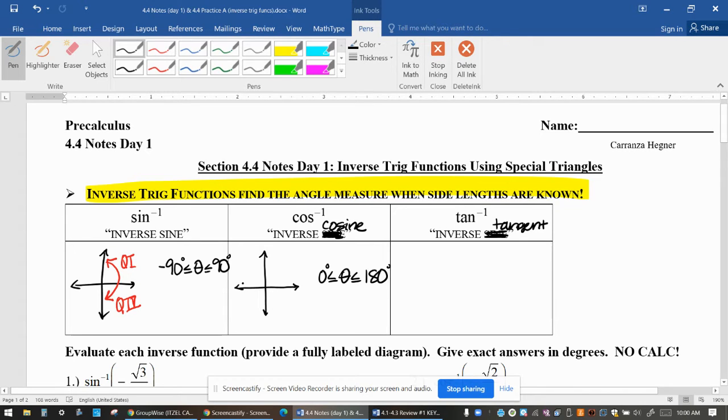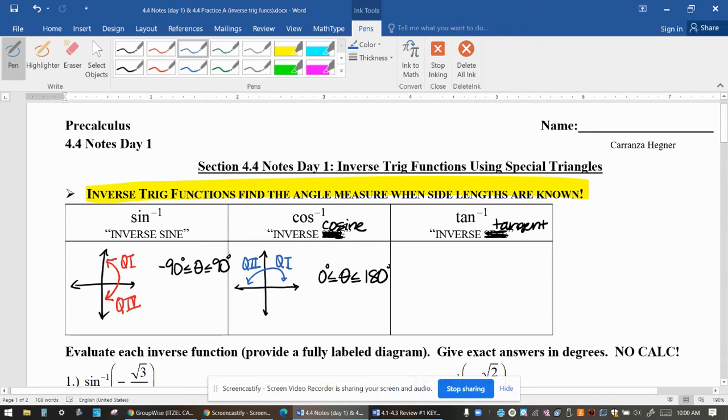It could be quadrantal. So here, same thing. It could land exactly on 0 or 180 or anything in between. Okay, so this is cosine inverse. So that's where it's restricted. Okay, so cosine is over here. So that's quadrants 1 and 2.